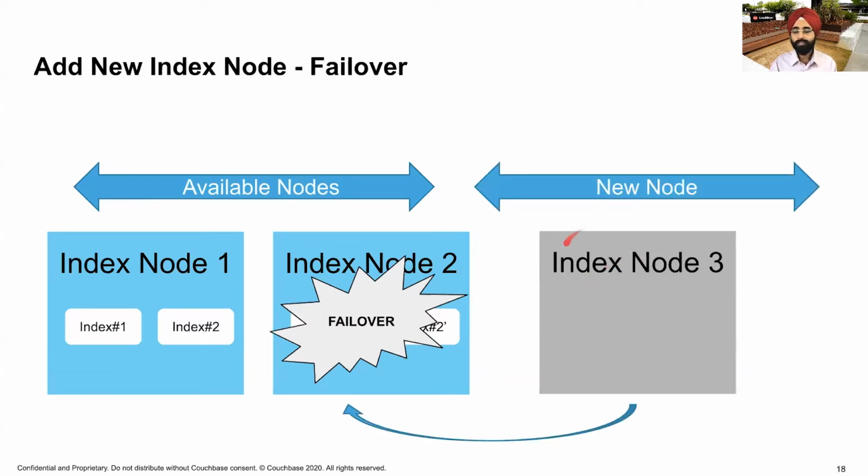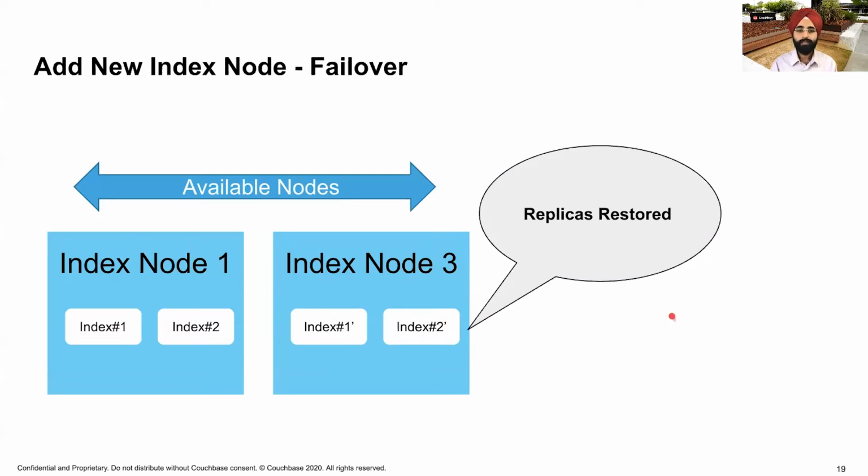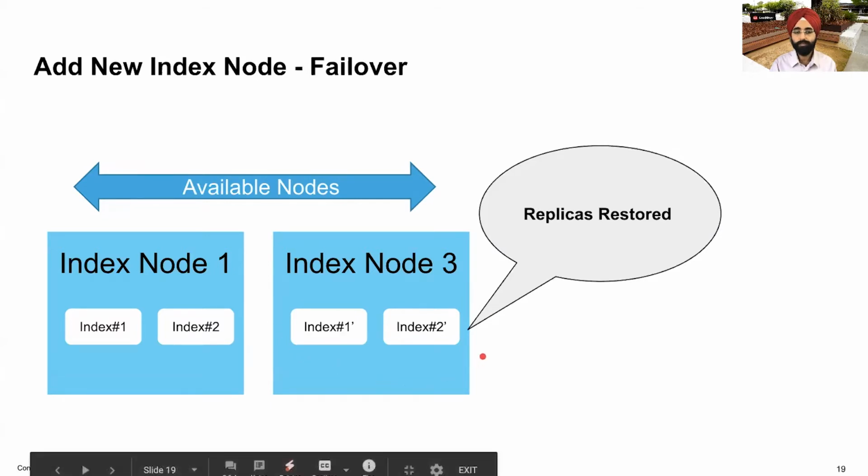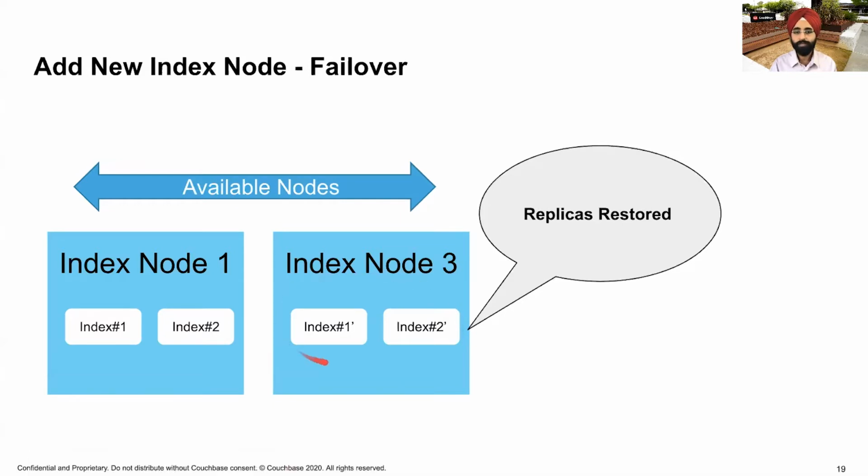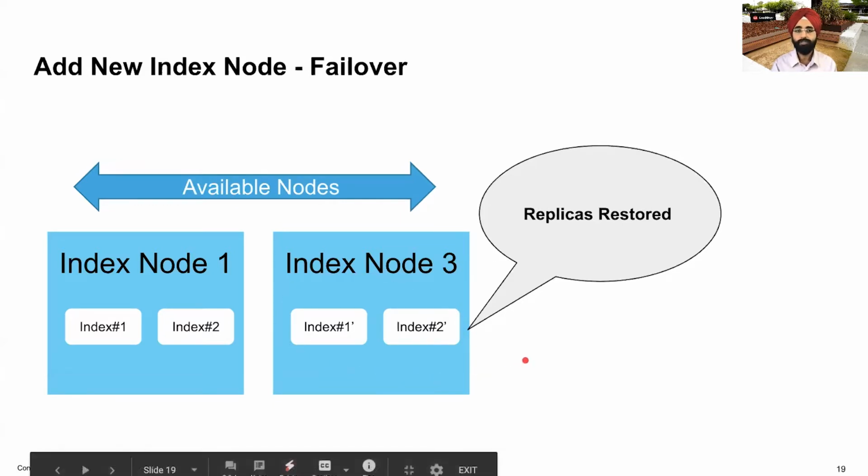In such a case, if a new node is brought into the cluster and rebalanced in, after the rebalance the system will automatically restore the replicas, and whatever lost indexes were on the failed over node will automatically get repaired on this new node.